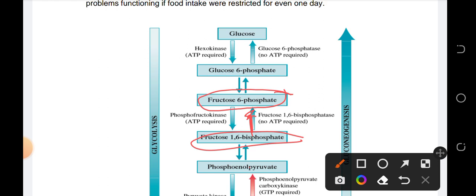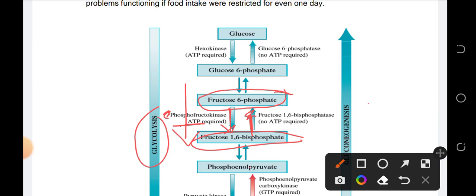Okay, so this time, ito yung isa na namang difference nila. During the glycolysis, gumamit tayo ng phosphofructokinase and kailangan natin ng ATP para ma-convert si fructose 6-phosphate kay fructose 1,6 bisphosphate.